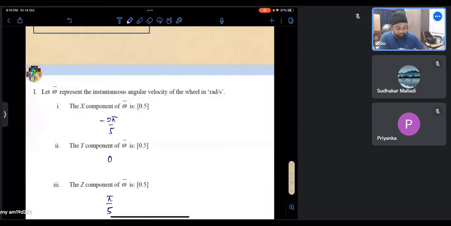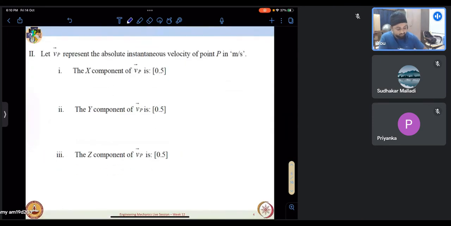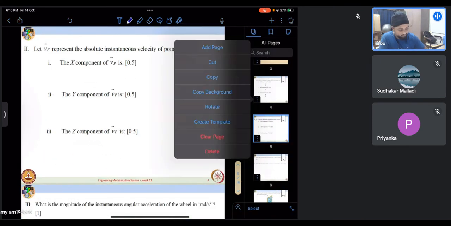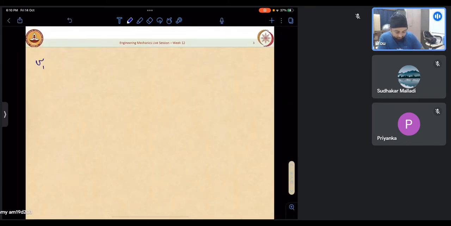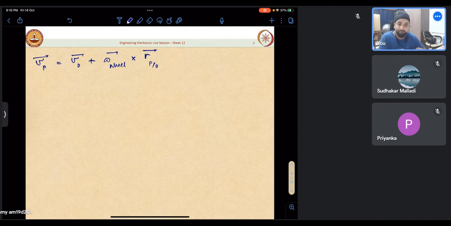By relative motion analysis, we have seen this umpteen number of times that the velocity of P is nothing but velocity of O plus omega wheel cross R P with respect to O. So velocity of O is 0.